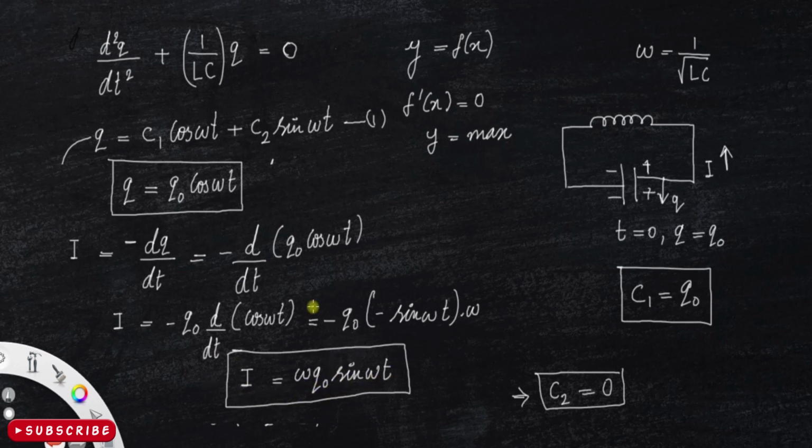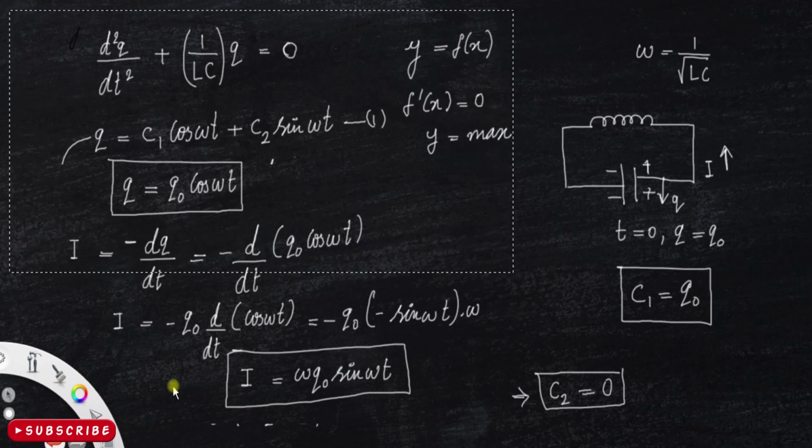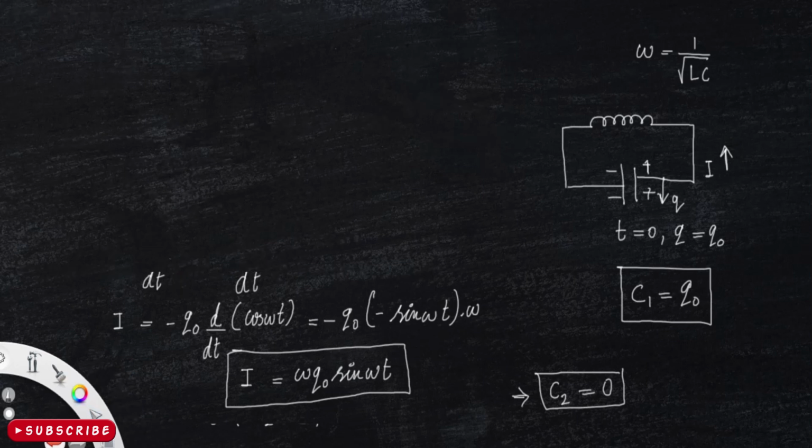Now we need to find the value of the maximum current. From this equation itself, the maximum value of sin omega t is 1. So the current is maximum, that is I equal to I0, when sin omega t becomes 1.